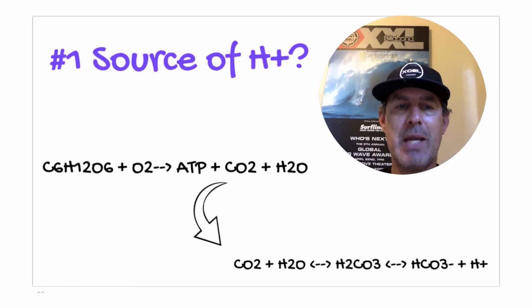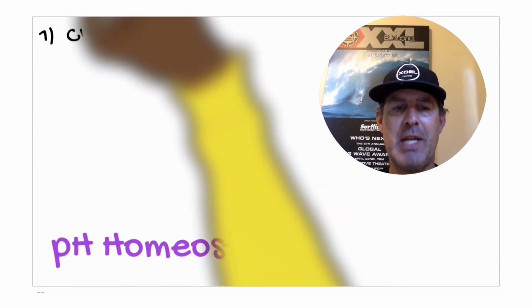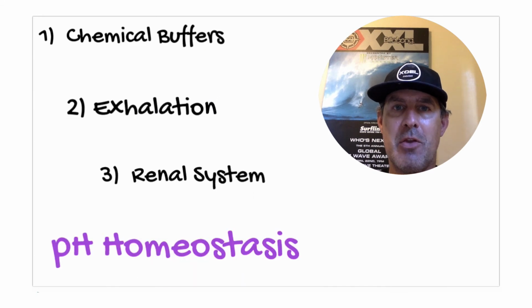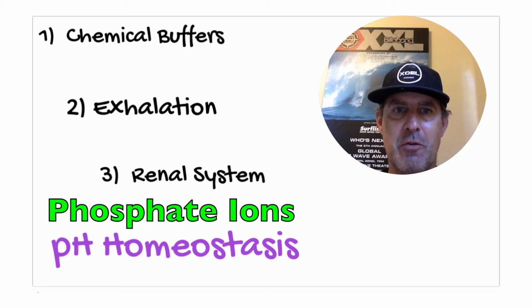So our body has mechanisms to prevent any major changes in the hydrogen ion concentration. The first one, and this is in no particular order, are chemical buffers. Within cells, we have the phosphate ions that are floating around that act as a chemical buffer. And what we mean by a chemical buffer is they grab onto a hydrogen ion.